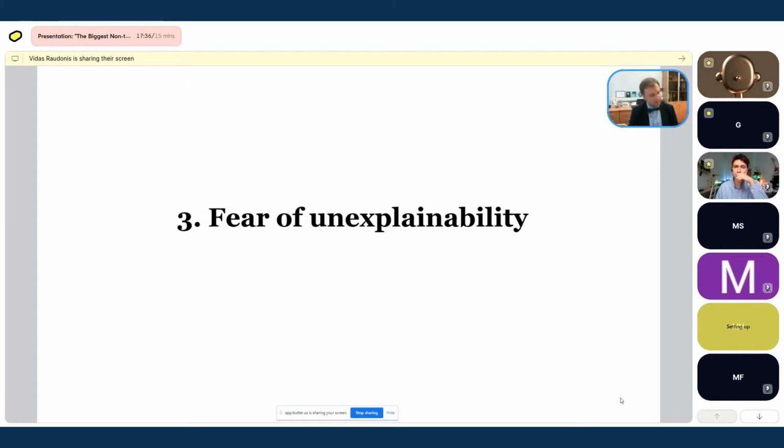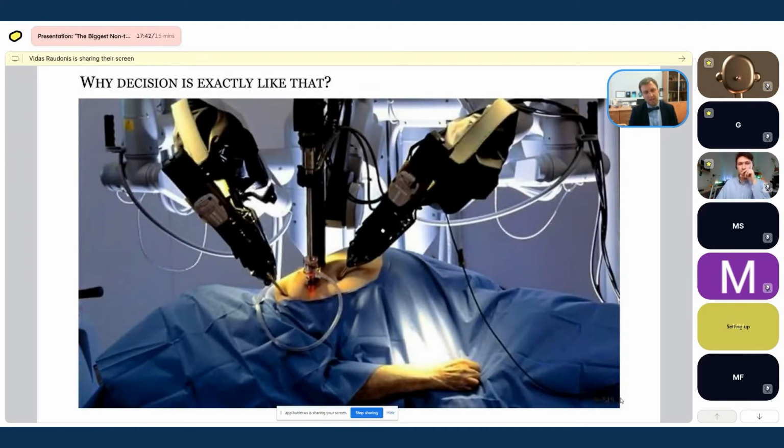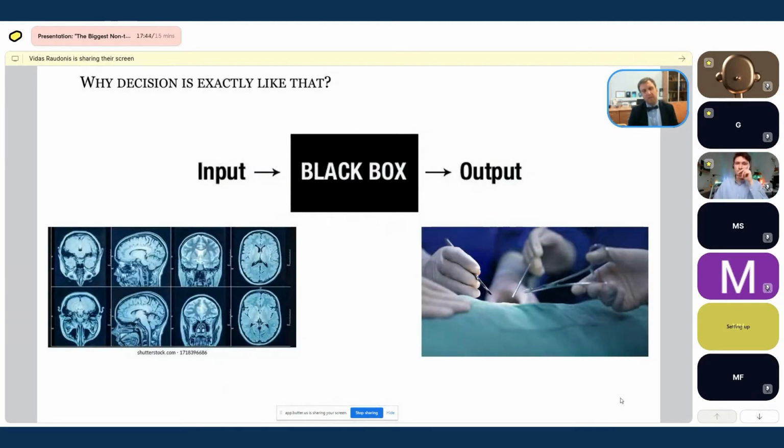Then there is another fear, which is about unexplainability. Unexplainability comes from the method which we use today to create artificial intelligence. It's called black box.